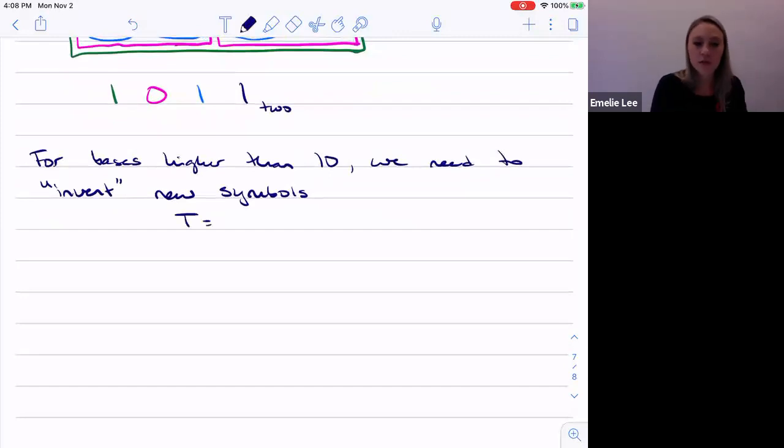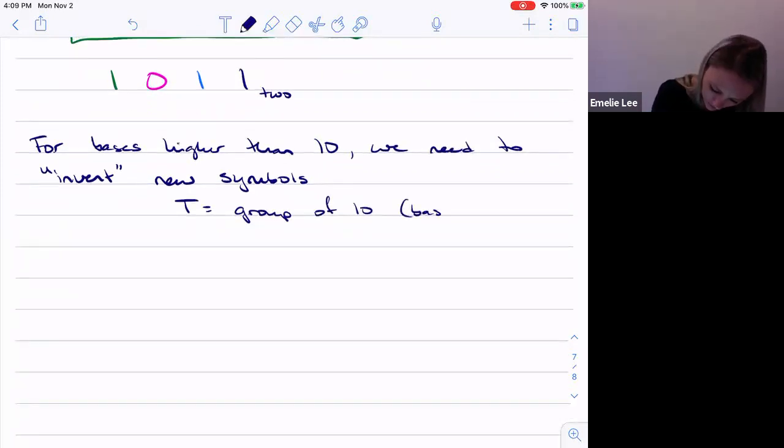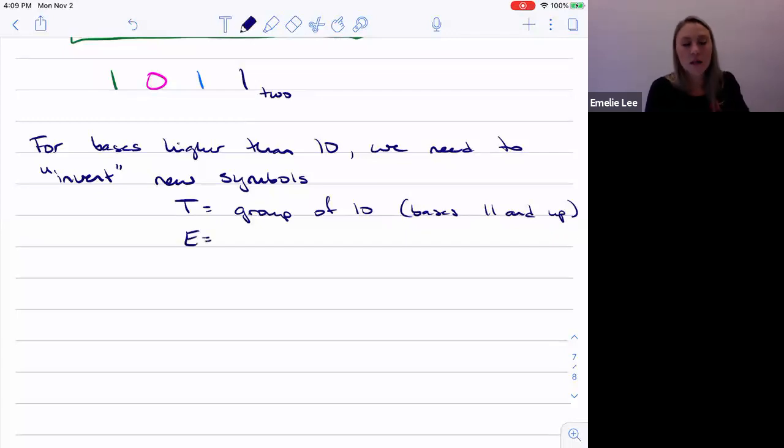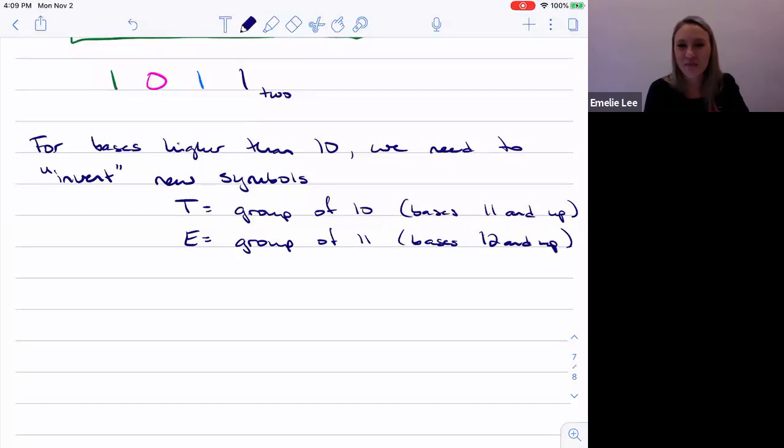Capital T is a group of 10 as long as your base is 11 or higher. Bases 11 and up. Capital E is used to denote a group of 11 for bases 12 and up. Sounds like a game.